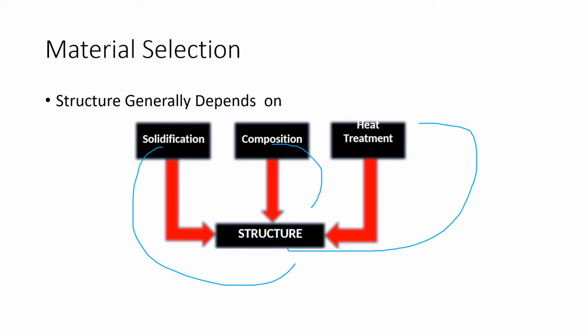Or if we manufacture a type of steel by changing the composition of an alloy, the properties of that alloy can be enhanced. Similarly, the solidification process also depends upon the building of a structure, the enhancement of the structure.